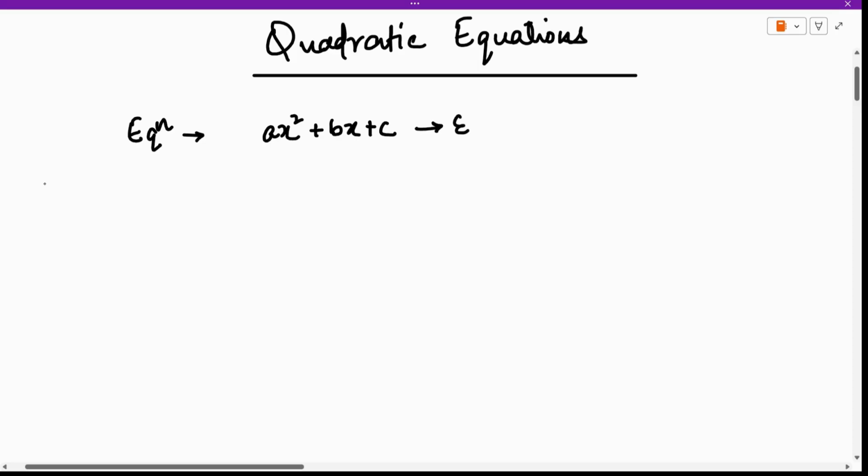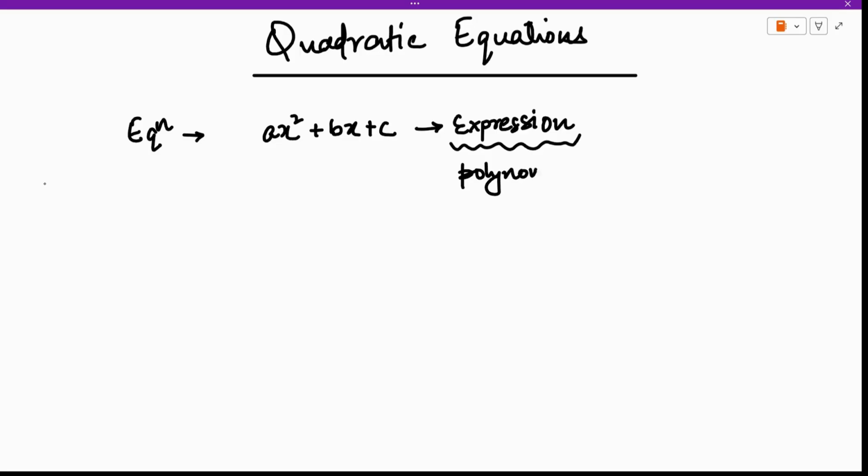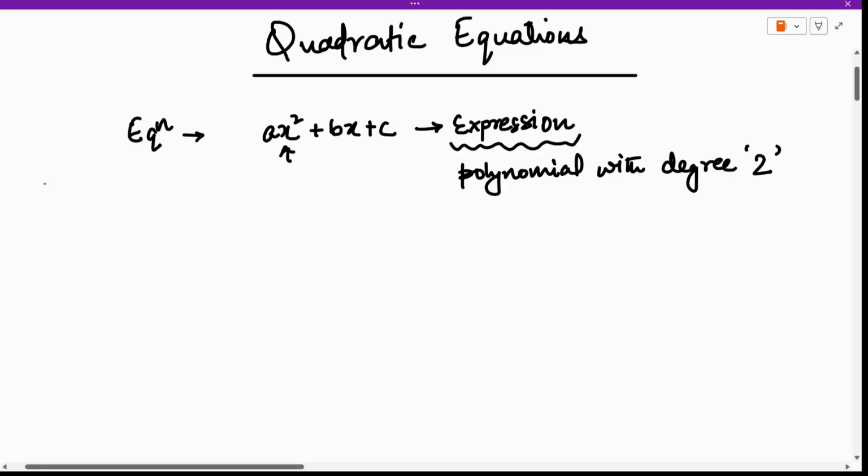This is an expression, and this expression can also be called a polynomial with degree of 2, since the highest power of the term x is 2 here, so we call this a quadratic expression.